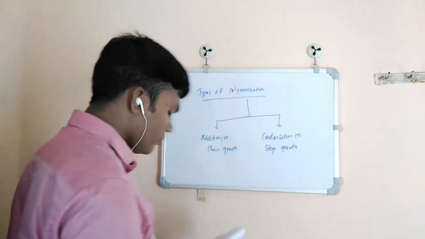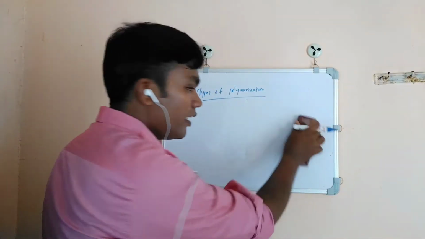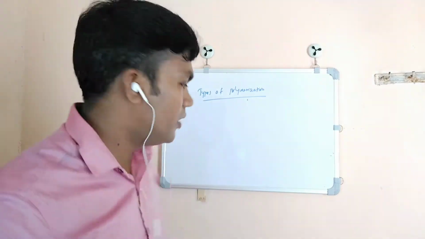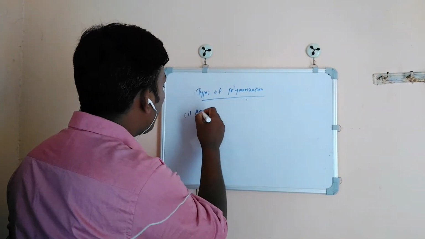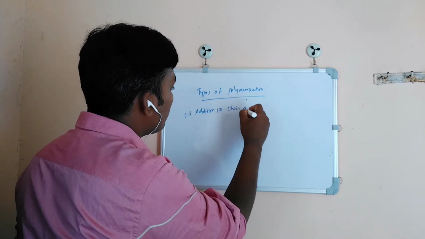In general, in the addition or chain growth polymerization reaction, same monomer or different monomer add together to form the desired polymers.